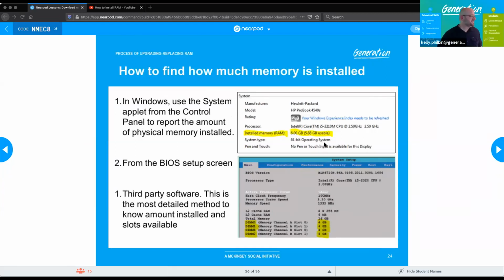All right, so you can use your system applet from the control panel, and it will report the amount of memory you have, or you can actually go into the BIOS and it'll tell you which memory bank slot you're using, how much memory is installed in each one of those slots. And this is also a really good place to check once you've installed memory modules to make sure the computer sees them.